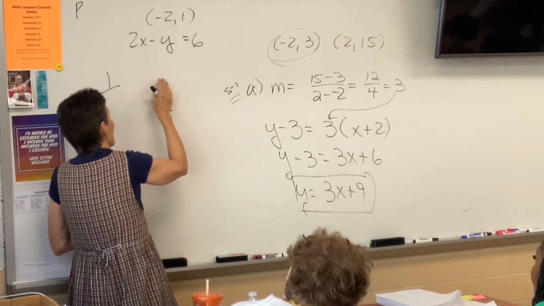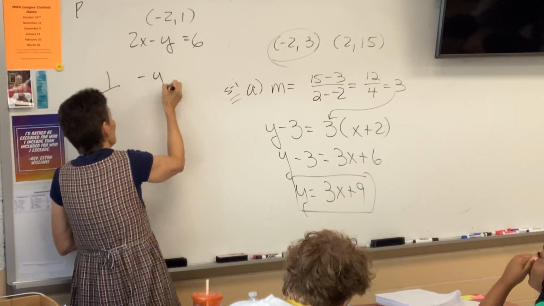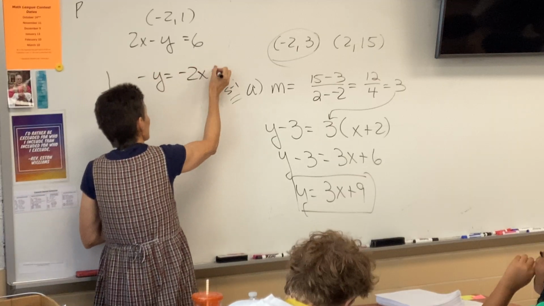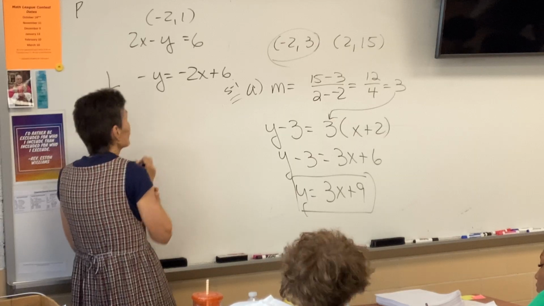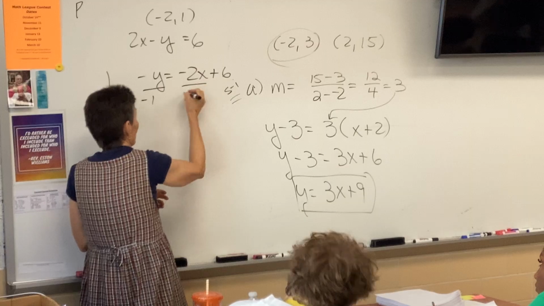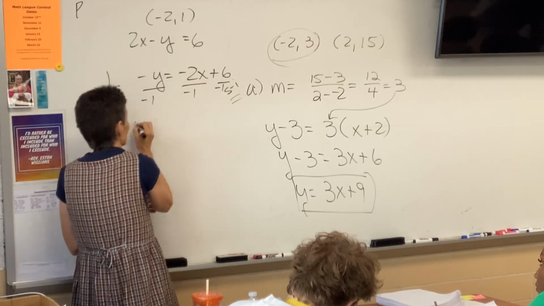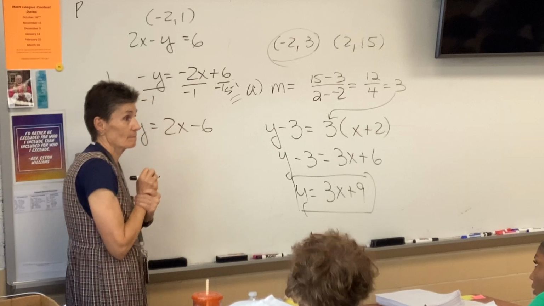Be careful. When you get y by itself, you're going to move your 2x to the other side. Okay, subtract 2x. And then divide by negative 1. So I got 2x minus 6.